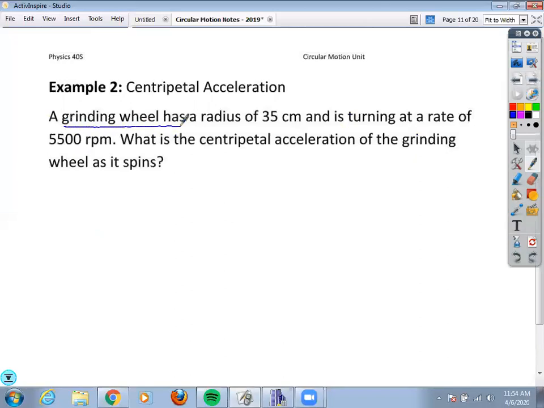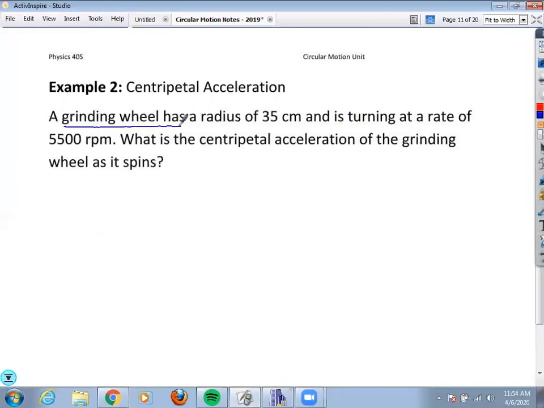We have a grinding wheel. Grinding wheels spin really fast, 5,500 RPM. RPM is revolutions per minute, so we need that in revolutions per second. The conversion to go from RPM to RPS is you divide by 60, because there's 60 seconds in a minute.